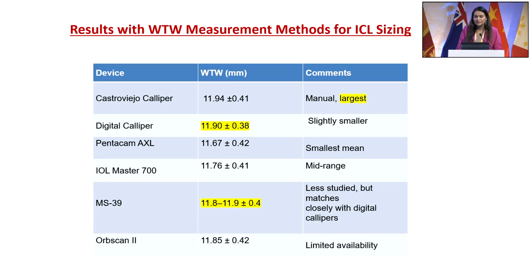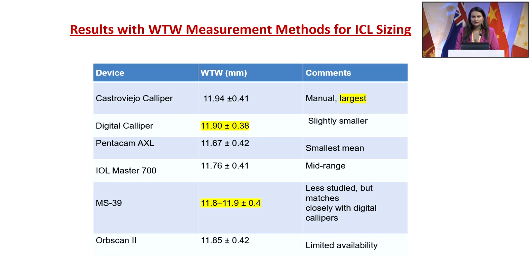Now, if you compare the average values of white to white measured using the different techniques, the manual method, the Castroviejo caliper, gives you an average value of around 11.94, which is the largest amongst all methods. The digital can be slightly smaller than the manual.